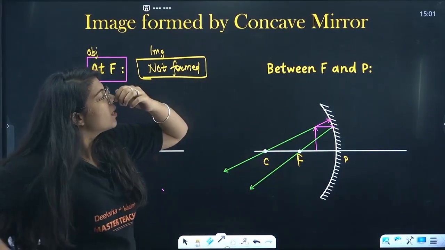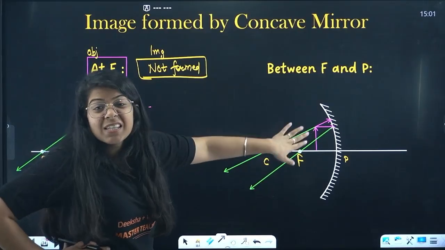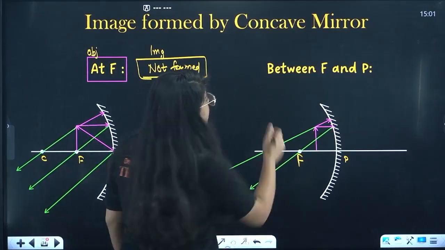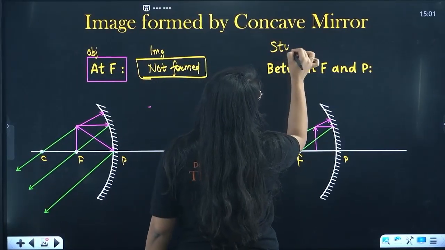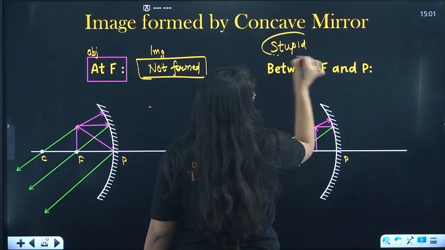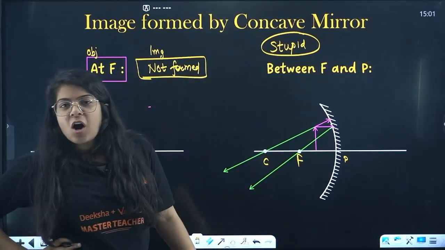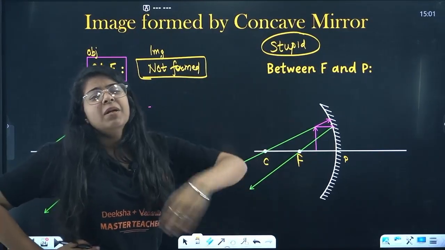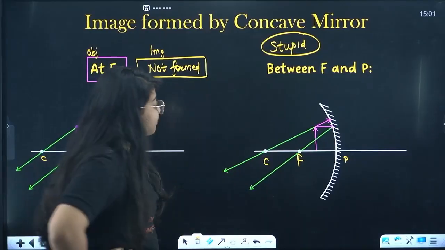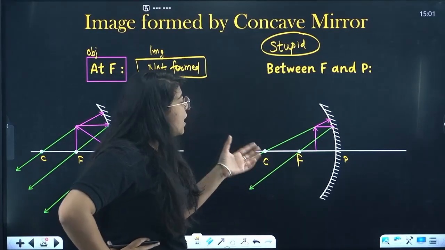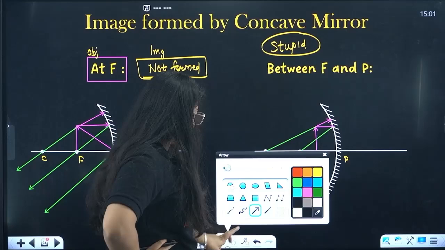We know a concave mirror is a converging mirror. But in this case, beta, I like to call this a stupid case. It does not obey the rules of the mirror. Maybe a rebellious case. So what we do, beta, is extend these rays backward.